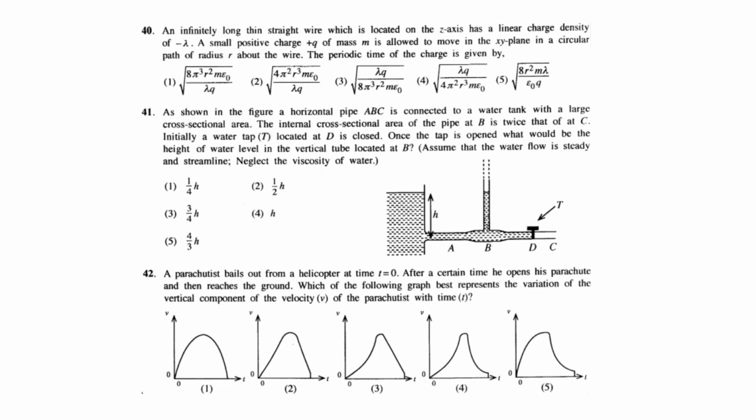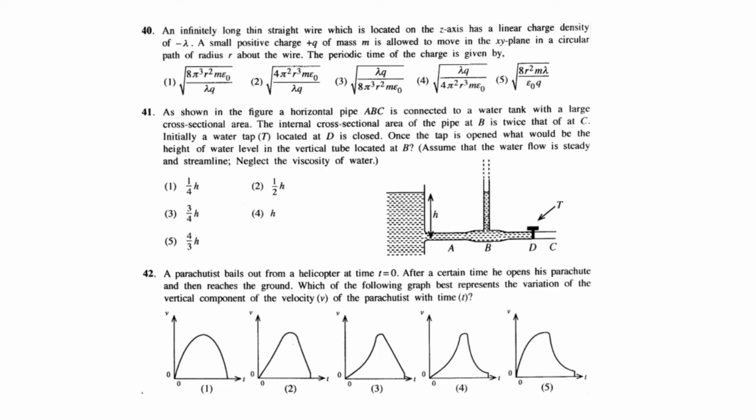Then for the point B, P is the pressure at B. If the height of the water column in the vertical pipe is H dash, then the total pressure at B is atmospheric pressure plus the liquid pressure, that is pi plus H dash rho G plus half rho V squared.